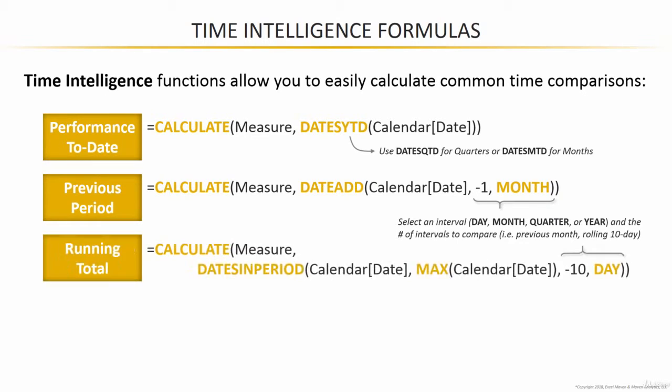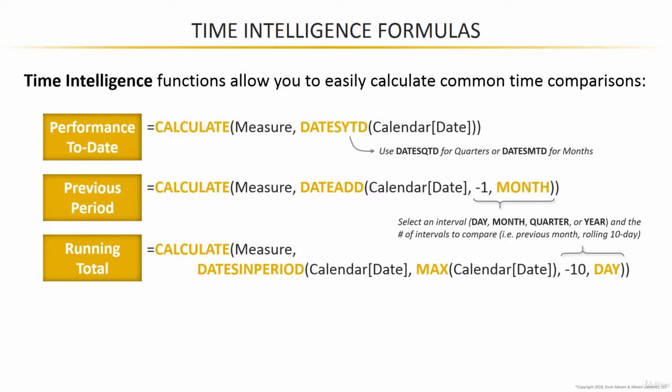And the third one that we're going to look at is a running total. And this one just has one additional function built in, starts with calculate. We're going to use the DATESINPERIOD function, point to a date field, and then it just has one additional argument for that max function, followed by the same 2 final arguments, the interval type and the number of intervals.